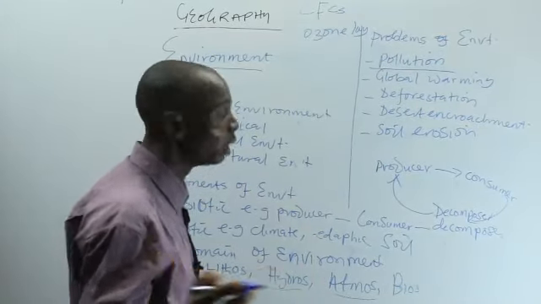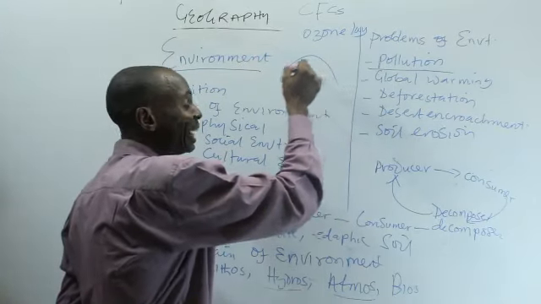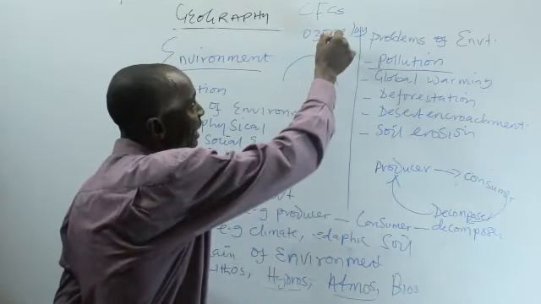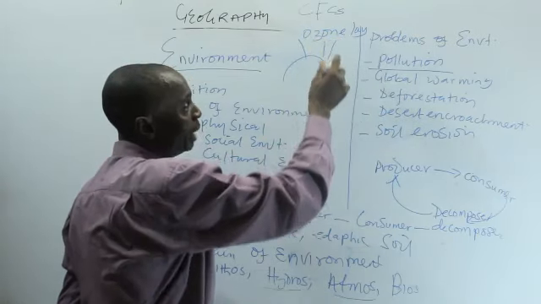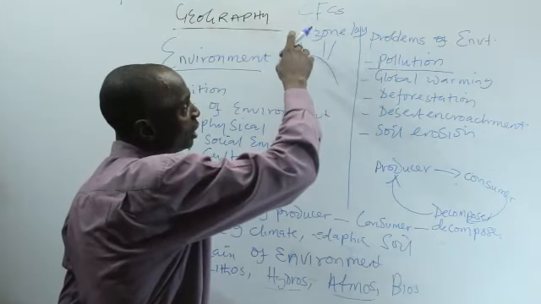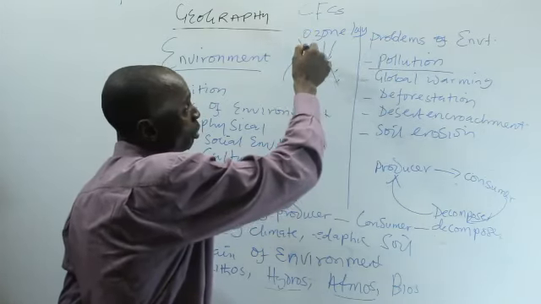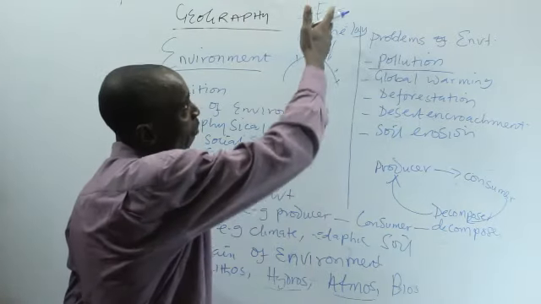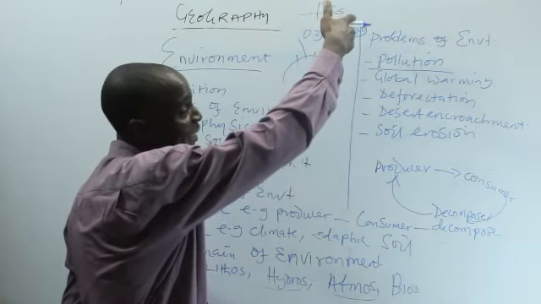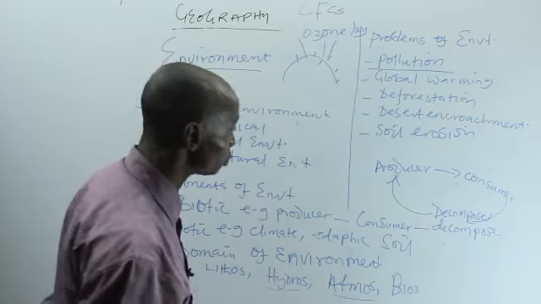What is ozone layer? Ozone layer is like an umbrella protecting the earth from the direct heating of the sun. But by the time we begin to discharge these chemicals into the atmosphere, it can damage this protector called ozone layer, thereby forcing the direct heating of the sun onto the atmosphere, and you know what it will cause.